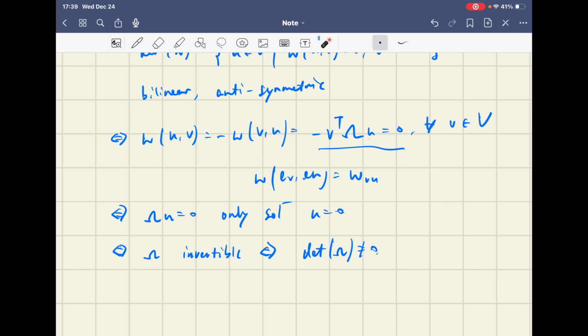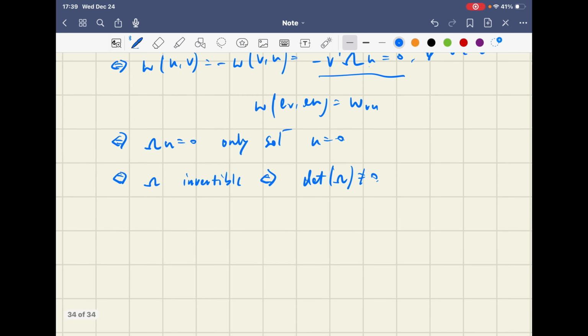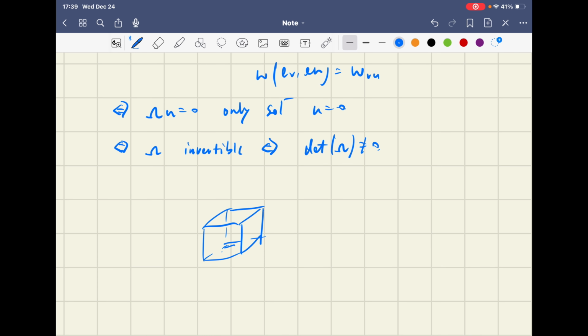For those who find it hard to understand, you can view the matrix omega as a transformation that applies in the space, like a rotation or a compression or stretching. So for example, let's say we have a cuboid in a space. If all U that lie in this plane are solutions to the equation omega U equal to 0, we're going to have a problem.